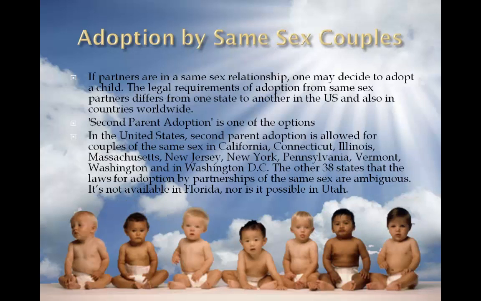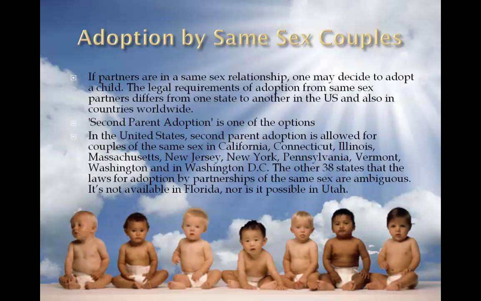19. Adoption by same-sex couples. If partners are in a same-sex relationship, one may decide to adopt a child. The legal requirements of adoption for same-sex partners differ from one state to another in the US and also in countries worldwide. Second parent adoption is one of the options in the United States.